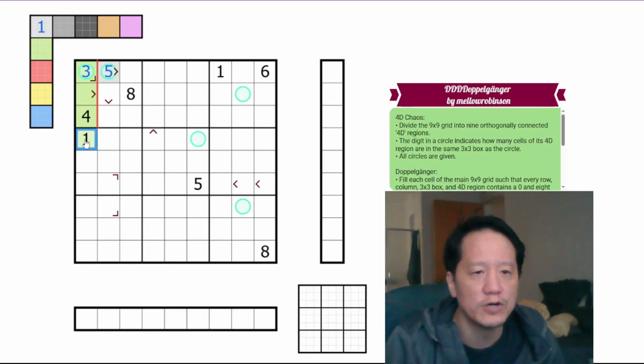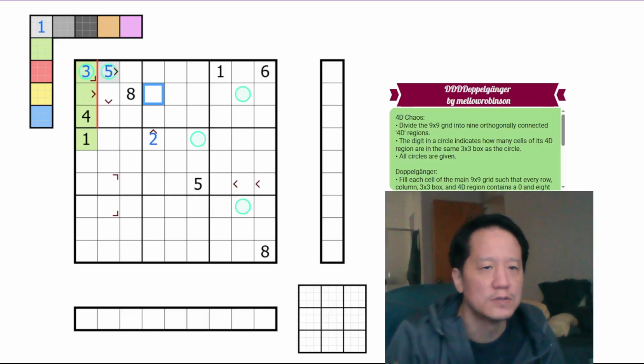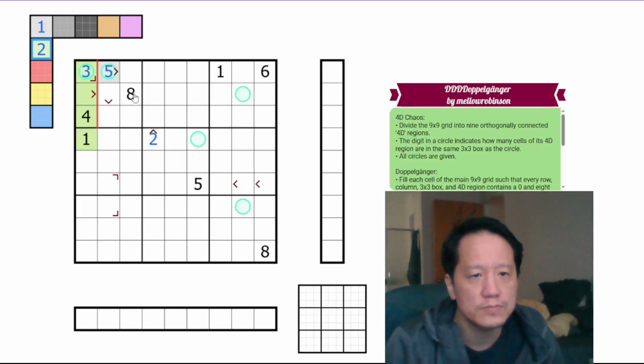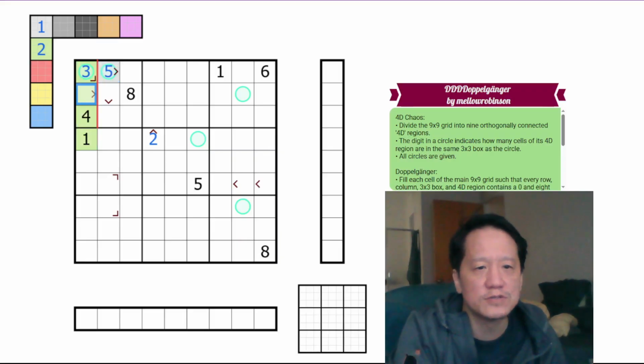And it cannot be 1, it cannot be 3, because green cannot be missing the 3 digit, so this must be 2. So green is missing 2. This has 5 digits. It cannot be 1, 2, 3, 4, or 5, because it's missing 2. It can't be 1, 3, 4, because if 1, 3, 4 in the column, it can't be 5. So this has to be 6 or 7 here.